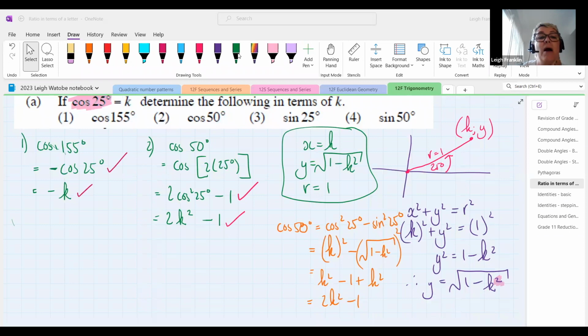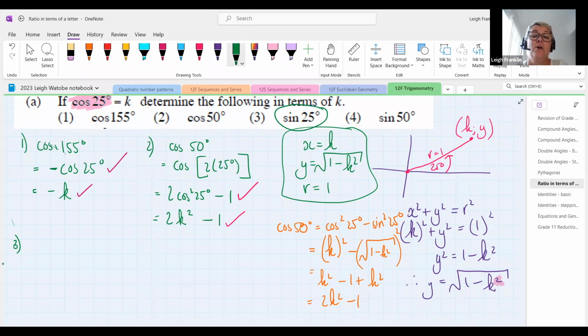Remember our diagram is in terms of 25 degrees. So we've actually done all the work. This question is a bit silly. It should have come first, because out of all of them, it's the easiest. We've already worked out the answer. The sine of 25 is y over r.